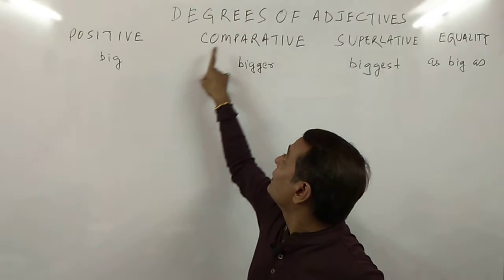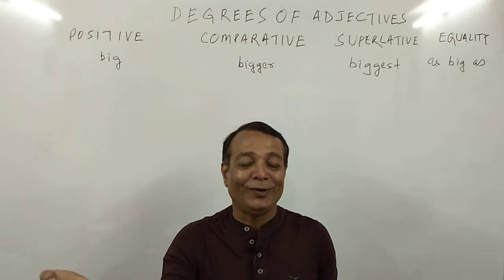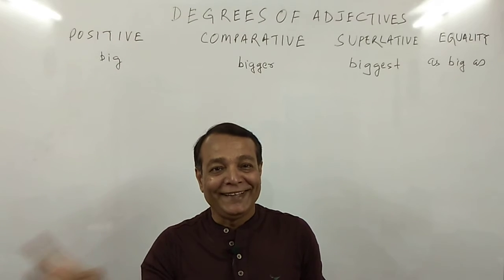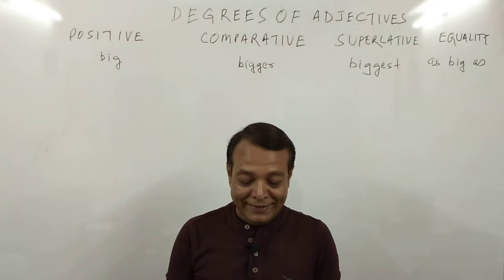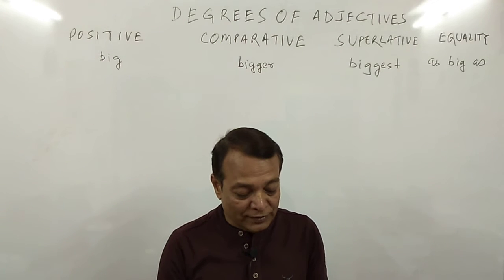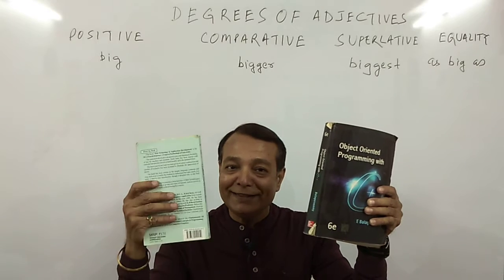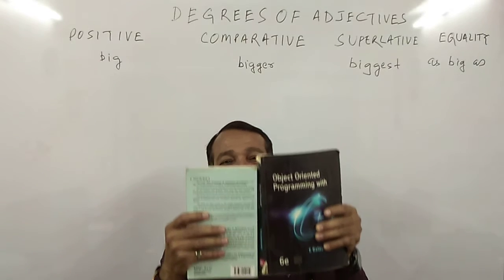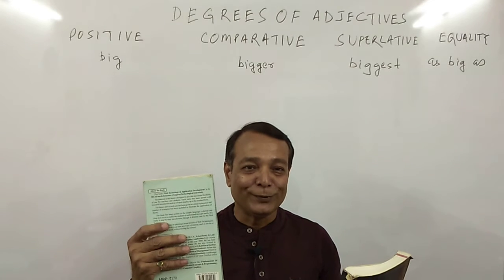We use this comparative degree when we compare something with something or someone with someone. Then only we use this degree, otherwise we don't. Now I want to say, you see this black book, this is bigger than this book. You see the size.